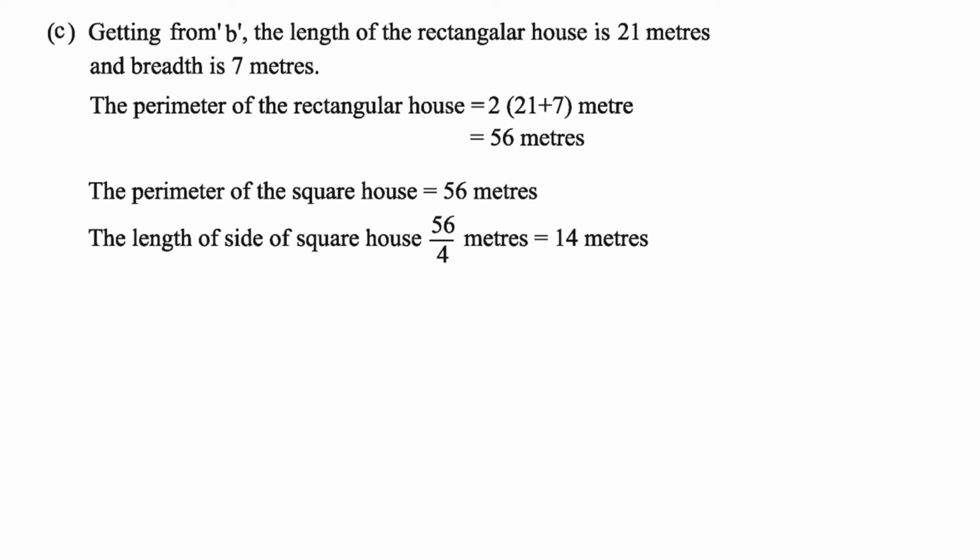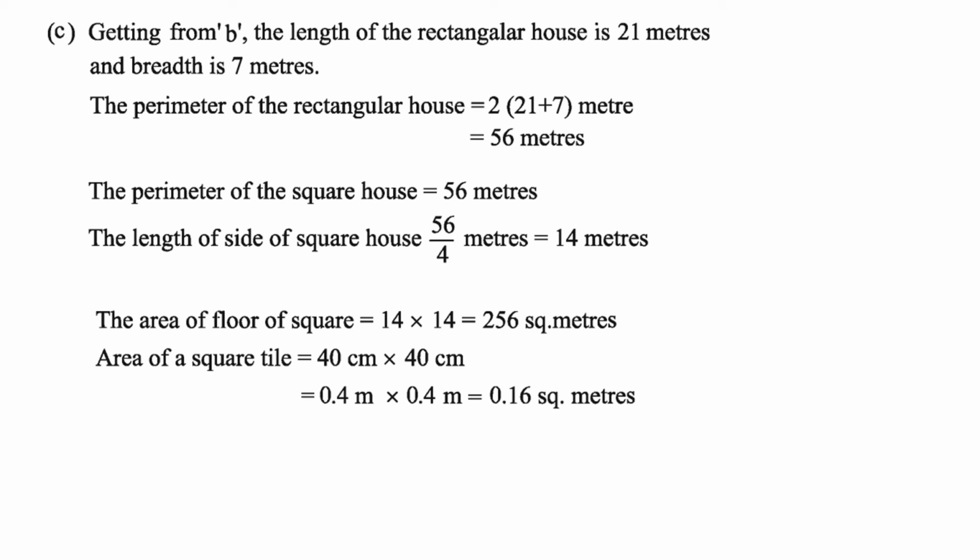So the length of a side of a square is 56 divided by 4 meters, or it is 14 meters, right? 56 divided by 4 is actually 14 meters. So the area of the floor of the square, that means it's 14 times 14. So 14 times 14, it's actually 200, and 14 times 14, it should be, oh my god, I think they have made a mistake over there.